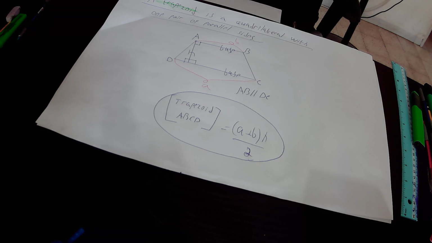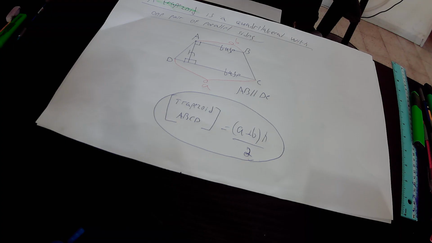And what is the area of this trapezoid ABCD? The area equals the sum of its two bases, that is AB plus DC, times the height edge over 2.